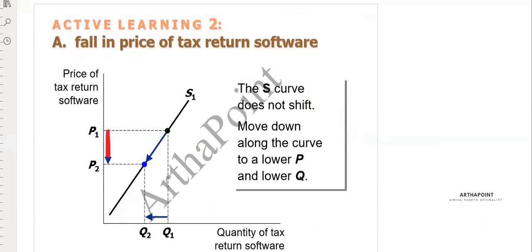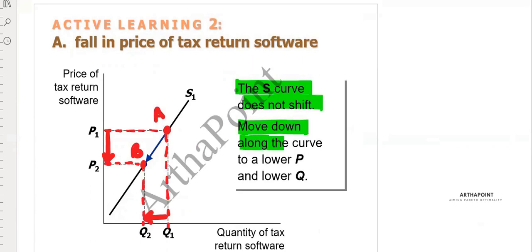Because the price is lower, the quantity is also going to be lower. So you will move from a point like A, where there was a high price and high quantity, to a point like B, where there is a low price and low quantity. The supply curve will not shift. It will just move along the curve to a lower P and lower Q.